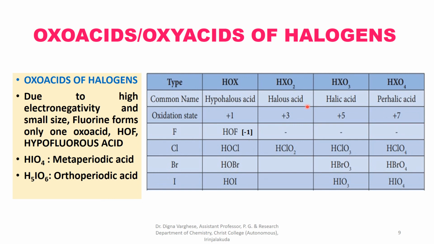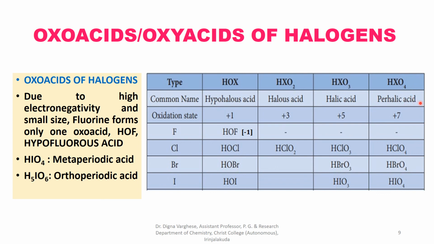In the case of halous acids, the one is chlorous acid, HClO2, having the oxidation state +3, and halic acids having oxidation state +5, namely chloric acid, bromic acid, iodic acid.